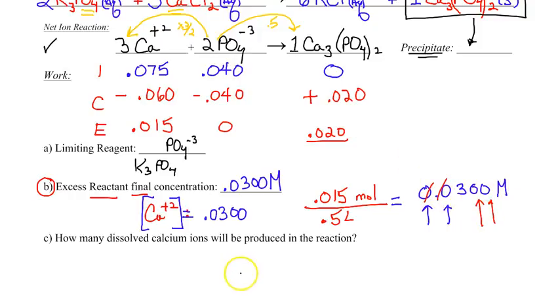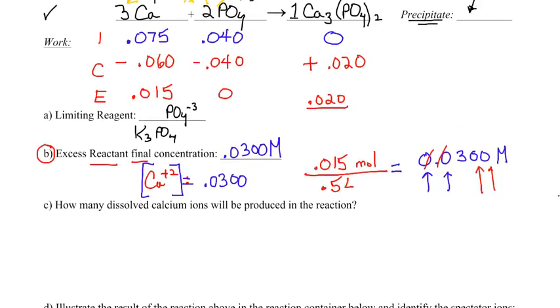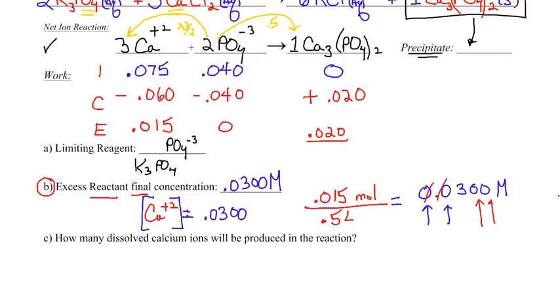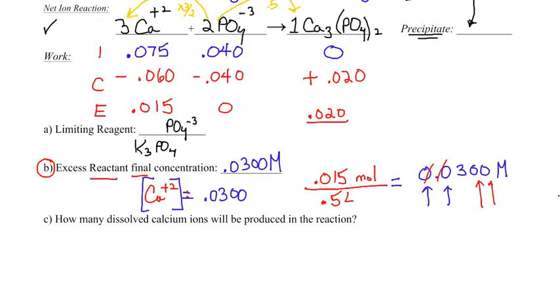That's why we have 3 sig figs. Okay, as we're moving forward here, how many dissolved calcium ions will be produced in the reaction? How many calcium ions? So I guess I never really asked about how many grams of the precipitate, so we really didn't need any of this, but hey, that was a lot of fun anyway. Why not do that? So how many dissolved calcium ions?